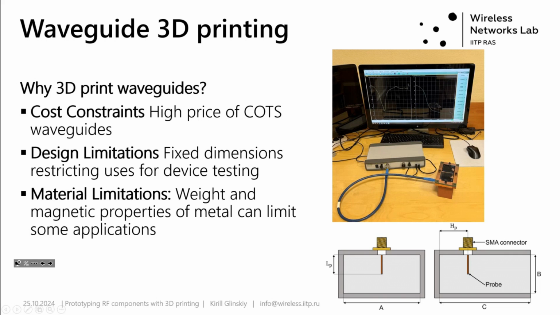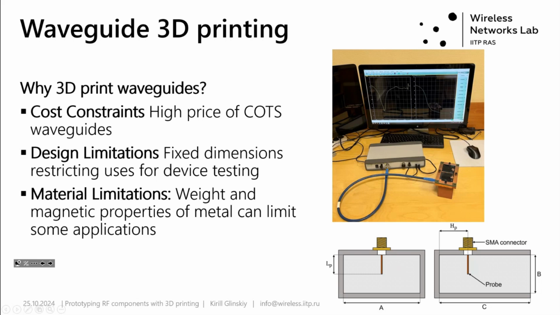However, while there are a lot of commercial off-the-shelf waveguides available, they have a lot of limits. In particular, they are very high price, in the hundreds of dollars for just a single waveguide. The dimensions of the commercially available waveguides are limited.